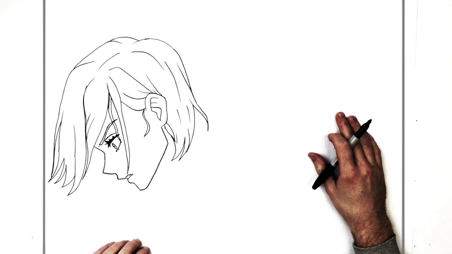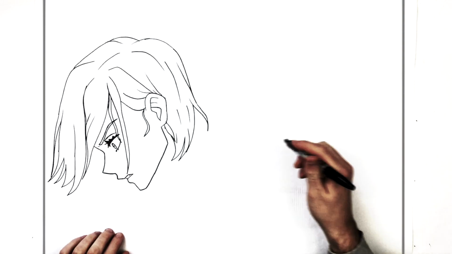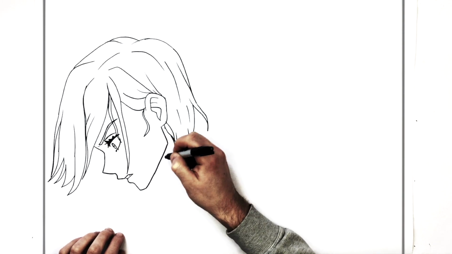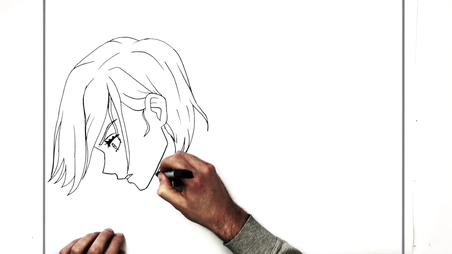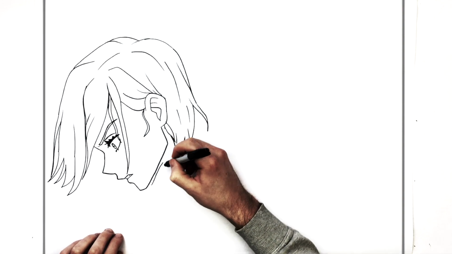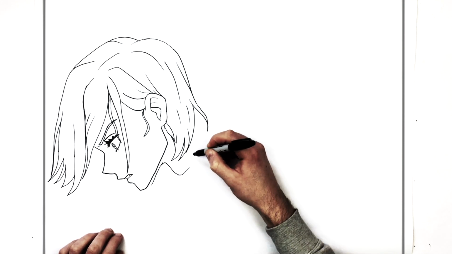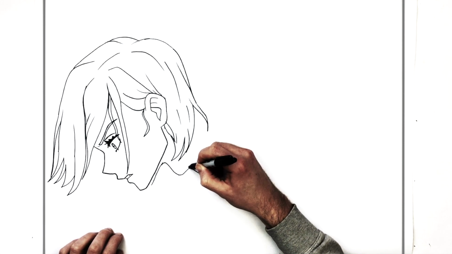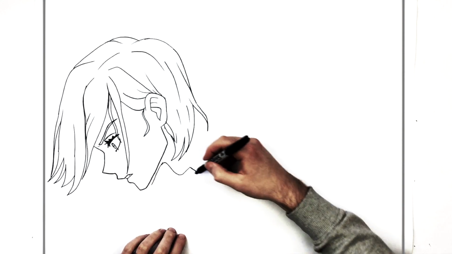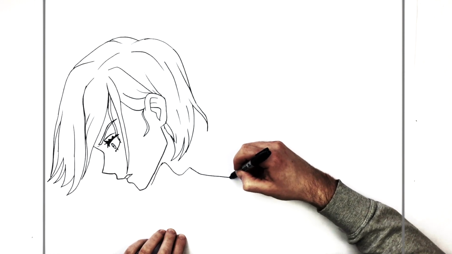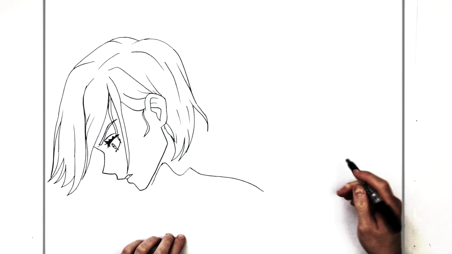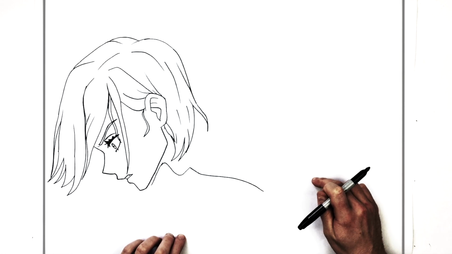Okay, so her body's coming this way. And she's got her hands and all the cursed energy and stuff, right? So the collar comes out this way, down, up, goes this way. So, bumping for her collar, then comes across her chest down to there. Okay, and her arm comes across here.